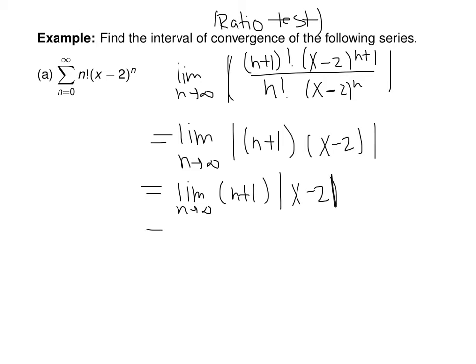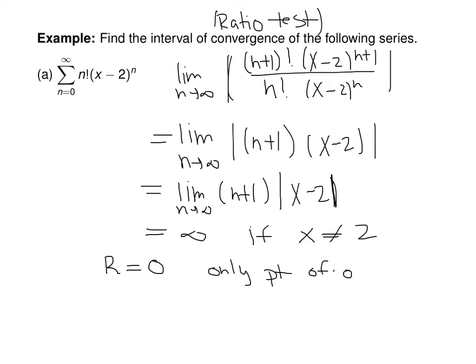And this will be infinite so long as x is not equal to 2. So in this case, my radius of convergence is actually 0, and the only point of convergence is x equals 2.